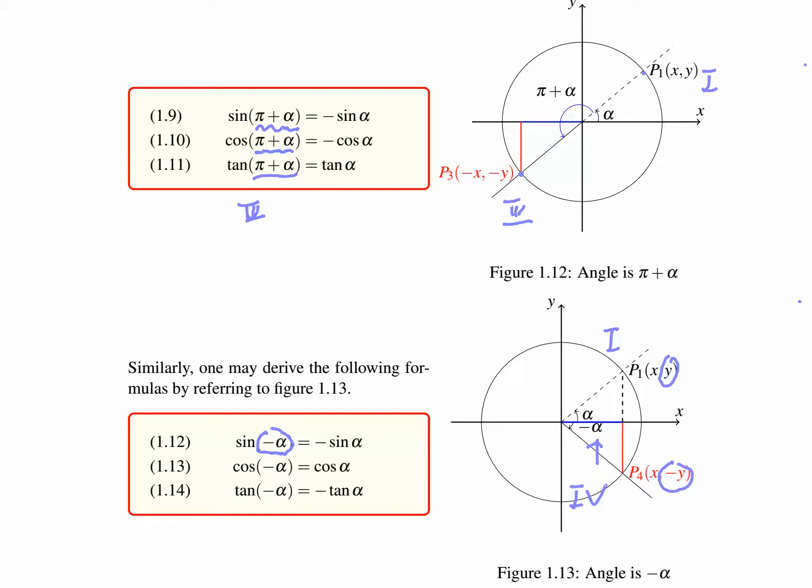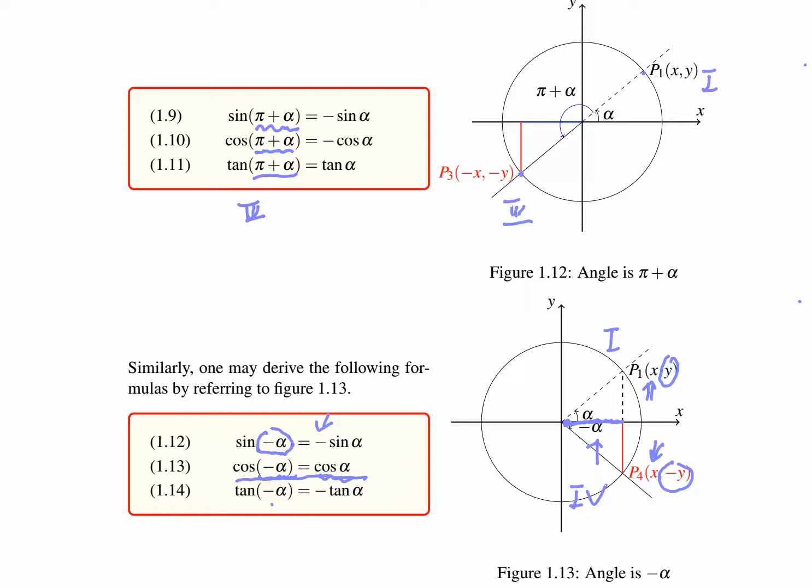So this negative sign can get out for sine, but cosine negative alpha equals cosine alpha, because the x coordinates are the same. Same line. That's why they are equal.